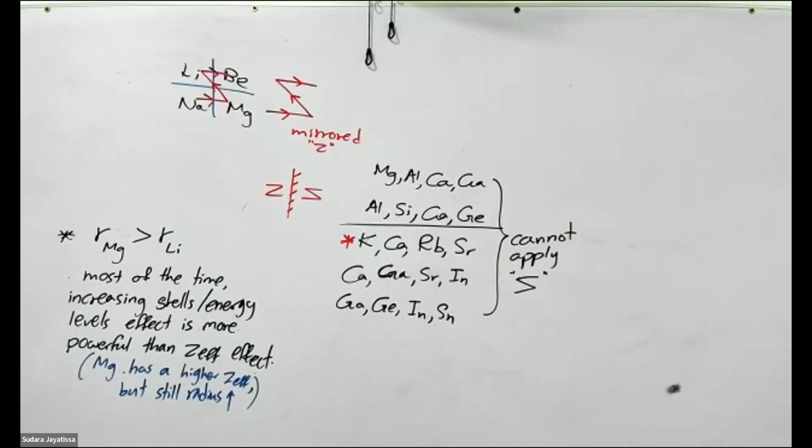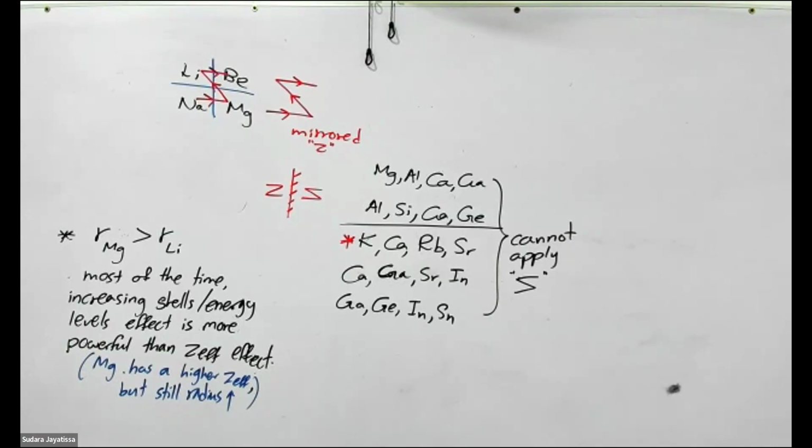Now here, what did you understand from this one? It's telling about magnesium's radius. Why it is larger: you have to say the downward group effect is more.